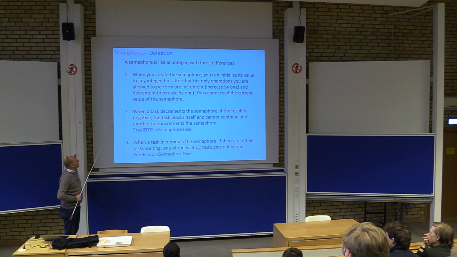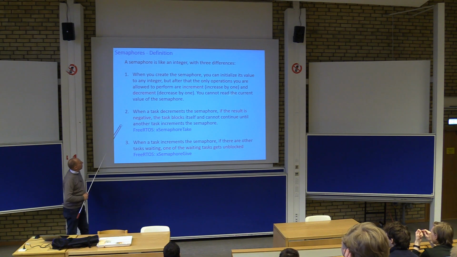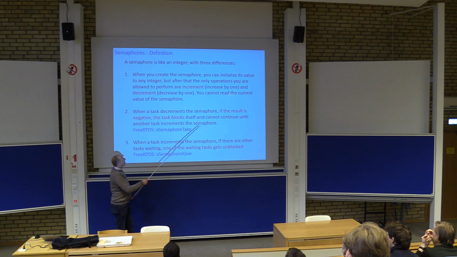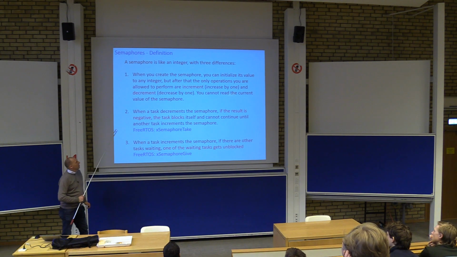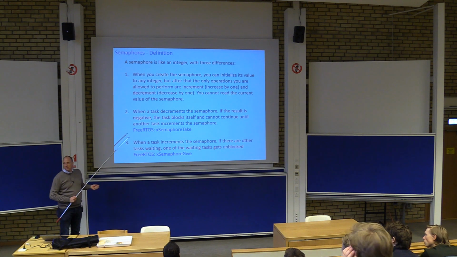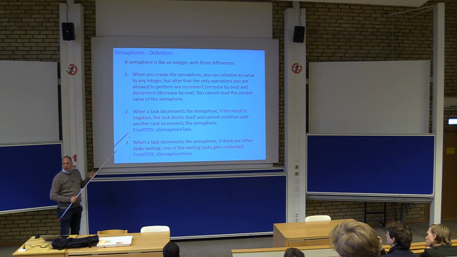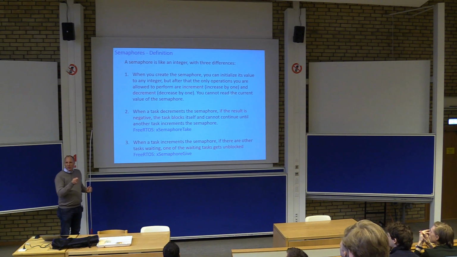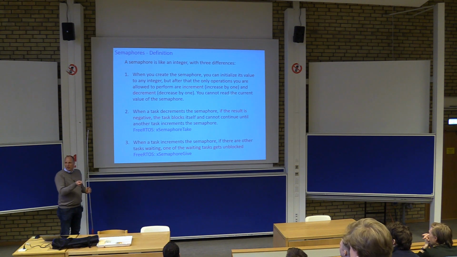And then you have this very peculiar behavior. When a task decrements the semaphore, if the result is negative, the task blocks itself and cannot continue. So if you try to decrement a semaphore that has the value 0, then that task will block.